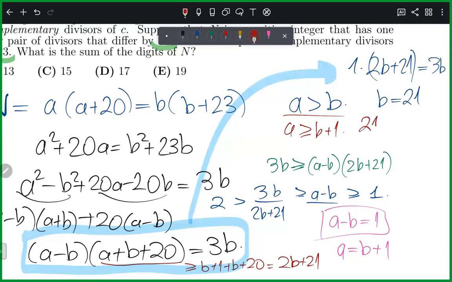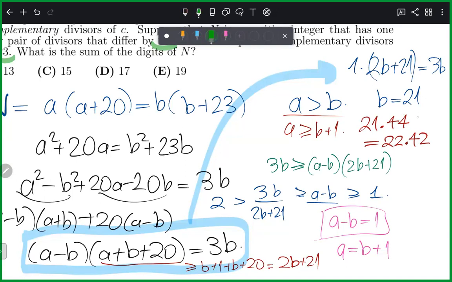21 times 44, equals 22 times 42. And this actually works.